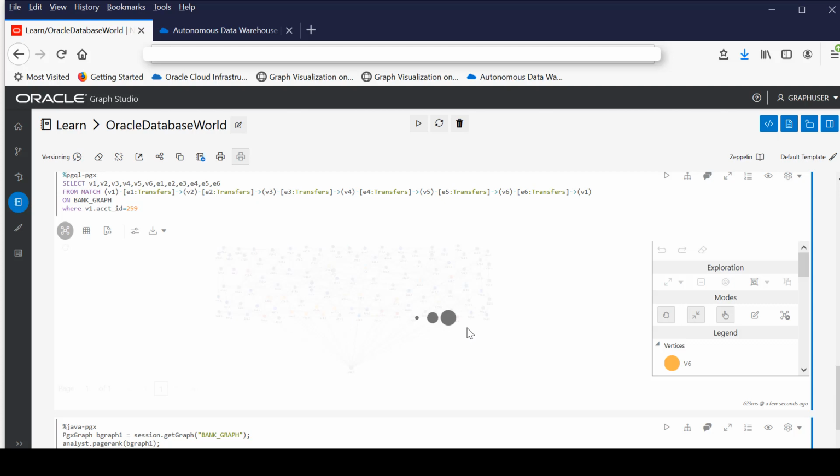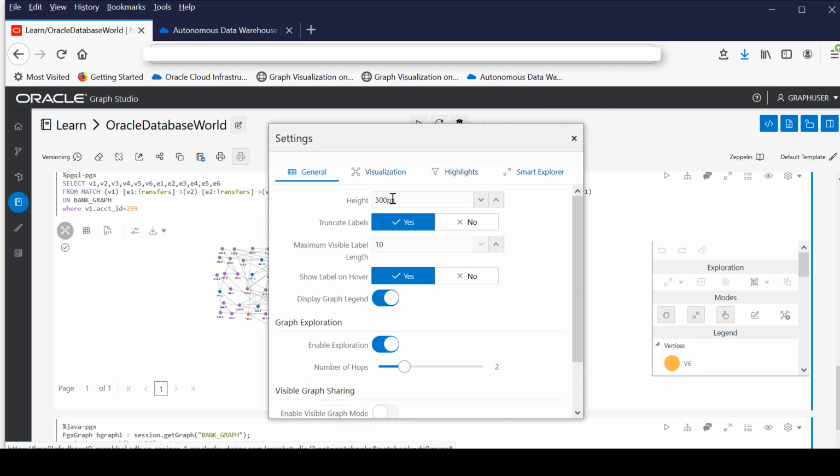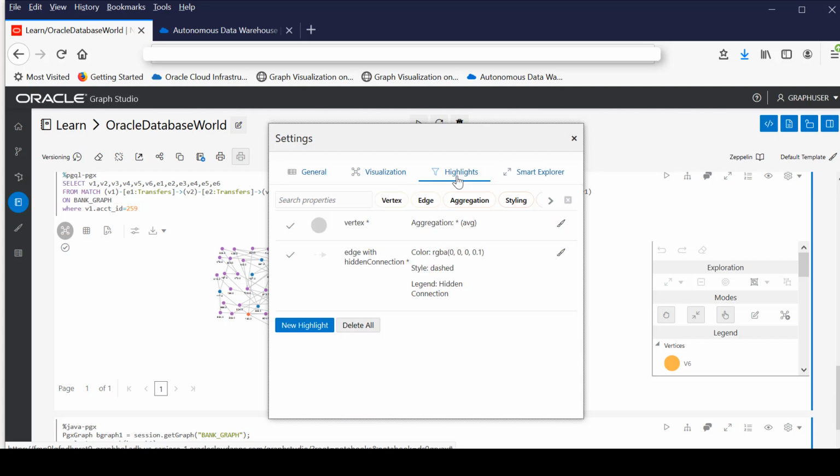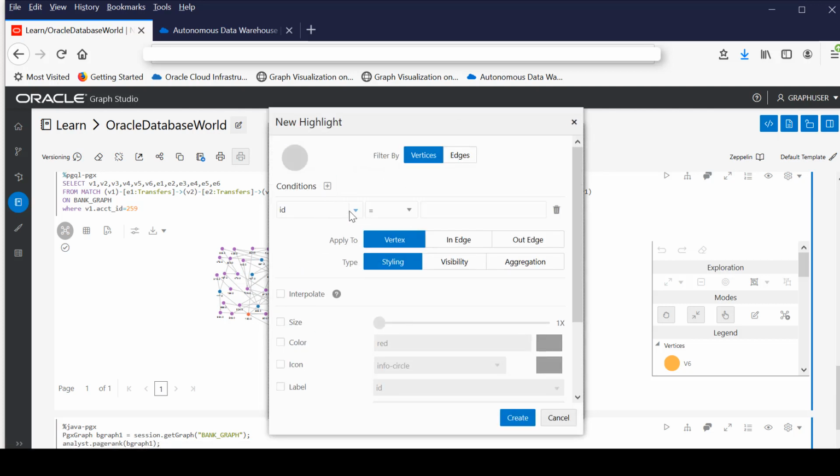Once I do that, I can use the PageRank value to do some interesting visualization operations on this graph, so that I can immediately look at which are the interesting other vertices. So let's say I add a highlight, and I'm going to add a condition, and you can see here that the PageRank value is now a property of the graph after I ran the PageRank algorithm.